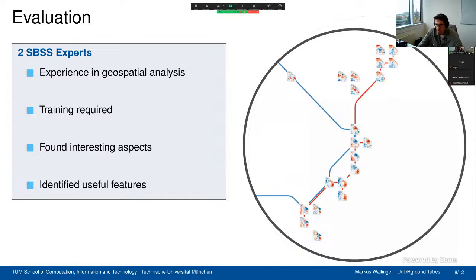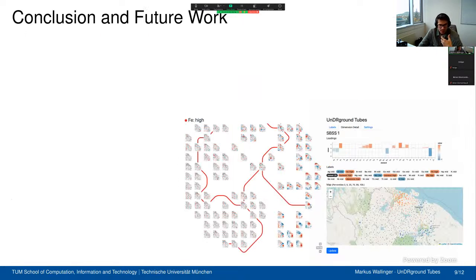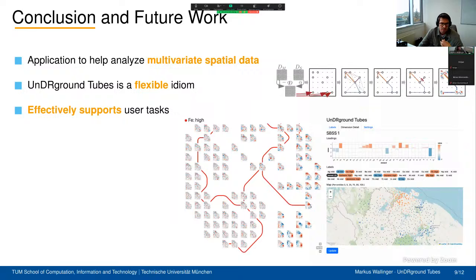Only a few components have both Moran's I and kurtosis high at the same time. And this really triggered the urge of the analyst to dig deeper into why this is the case, because it completely broke with the assumption he had.